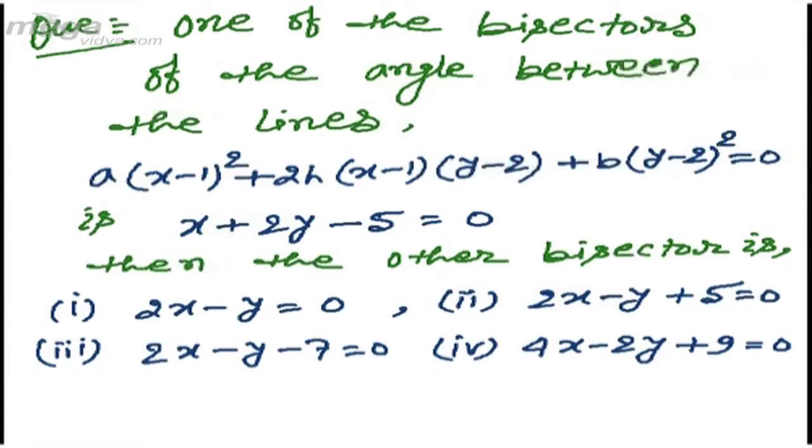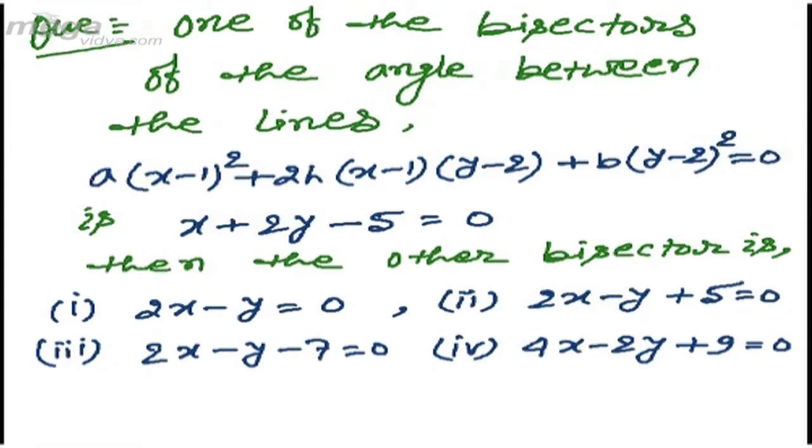So first of all, we'll check which one of these four options is in the form of 2x minus y plus k equal to 0. Let us check. The first, 2x minus y equal to 0, is in the form of 2x minus y plus k equal to 0. Let us check the second. The second one is also 2x minus y plus k equal to 0. The third is also.